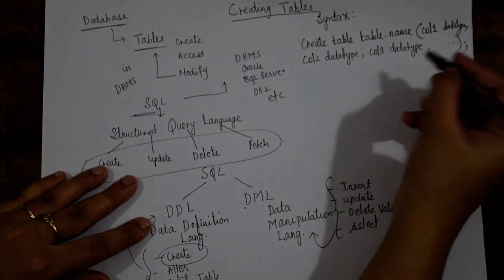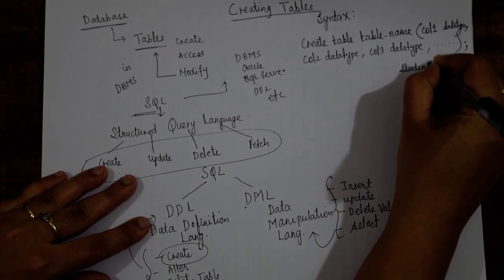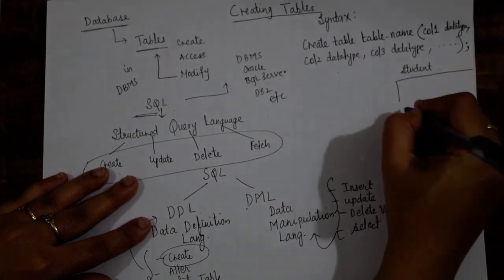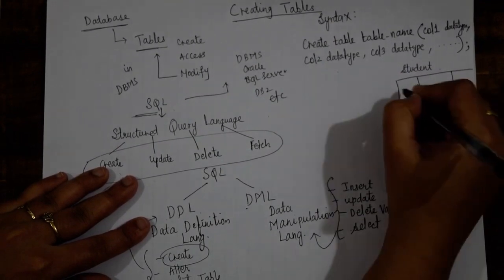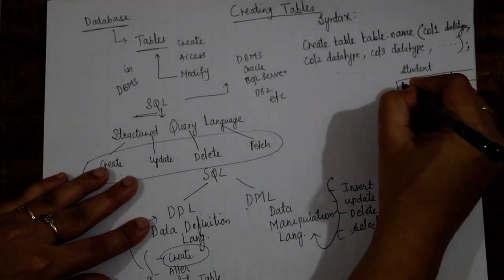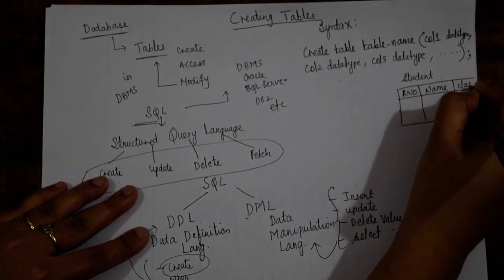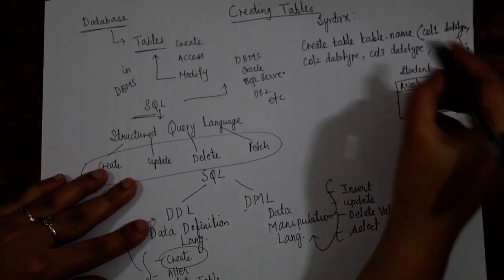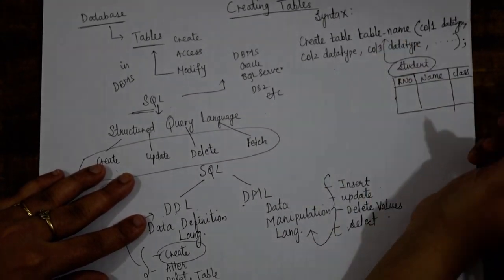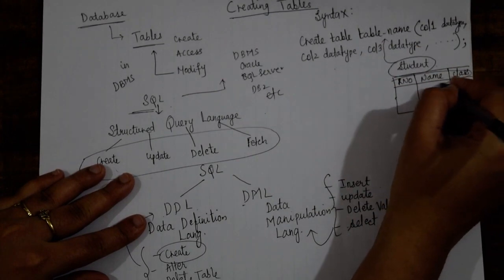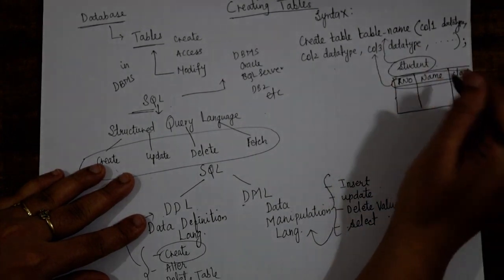Now, for example, we have a student table. We want to create the student table. In this, we want student roll number, name, and class. So student is your table name, roll number, name and class are the columns, correct?